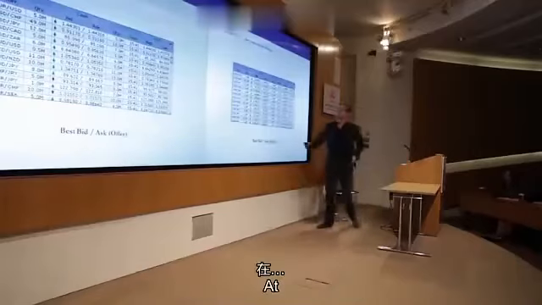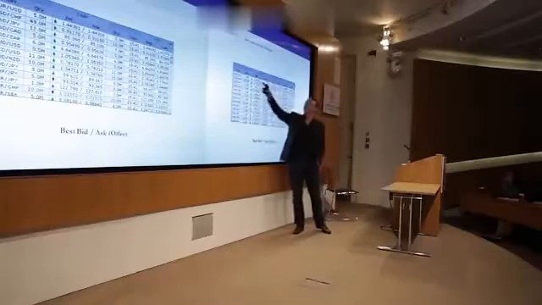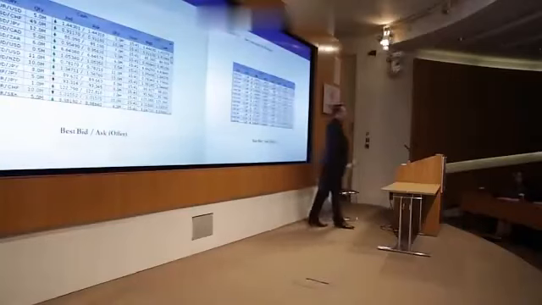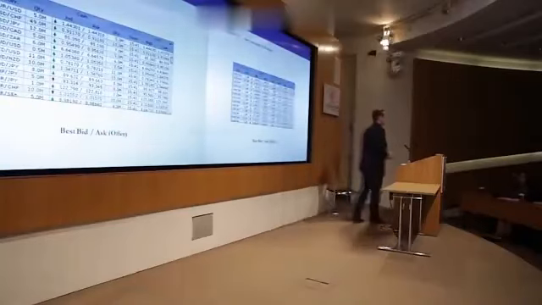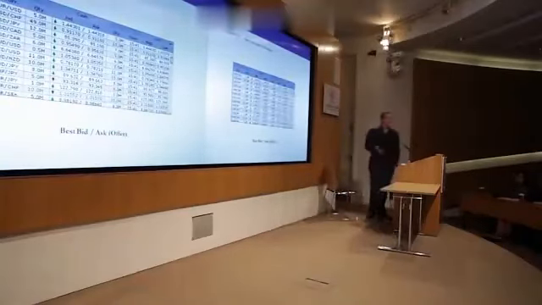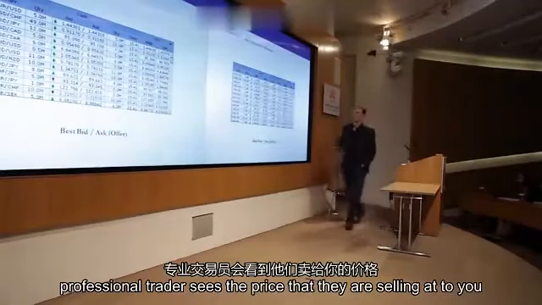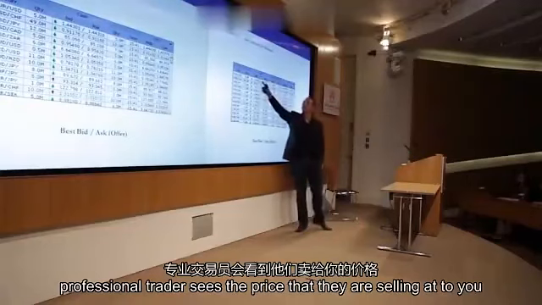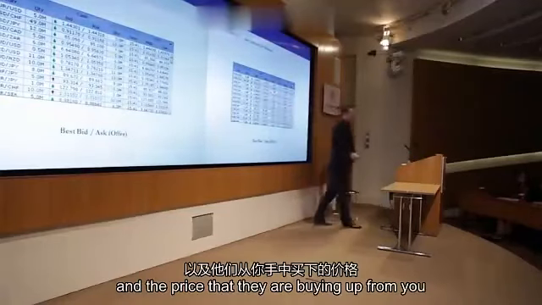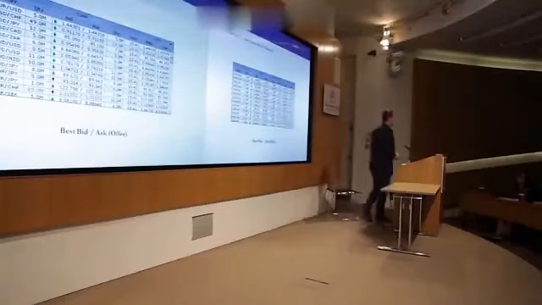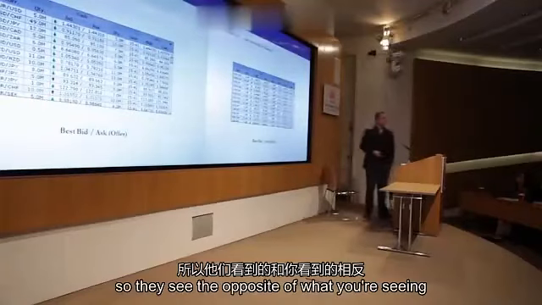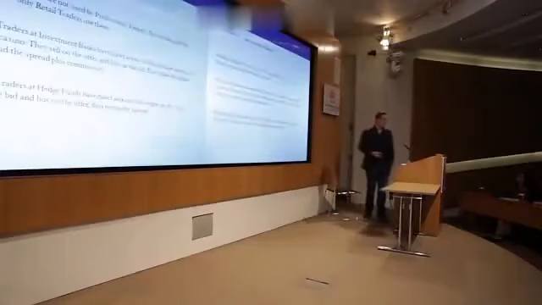So you'll see the price to buy at and the price to sell at. But you'll see it the other way around. That's what a professional trader sees. A professional trader sees the price that they are selling at to you and the price that they are buying at from you. So they see the opposite of what you're seeing.